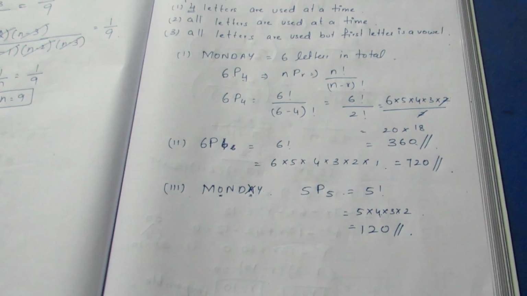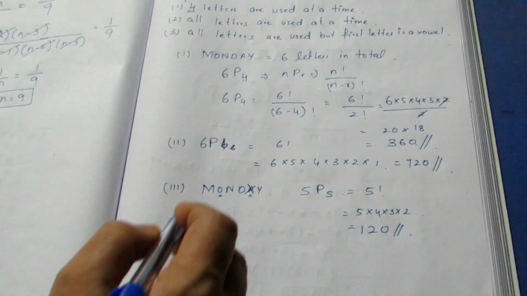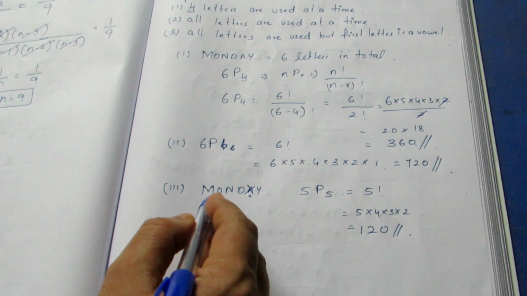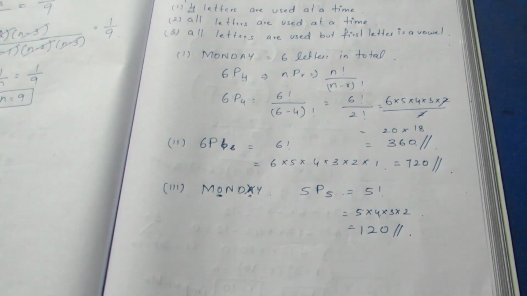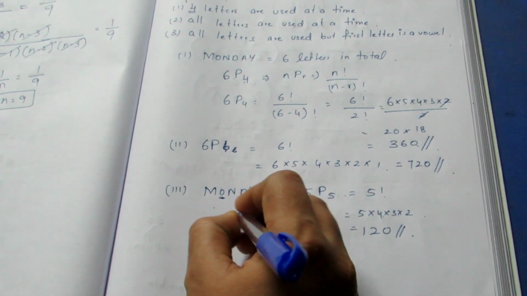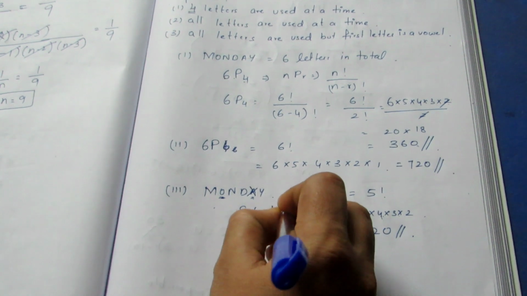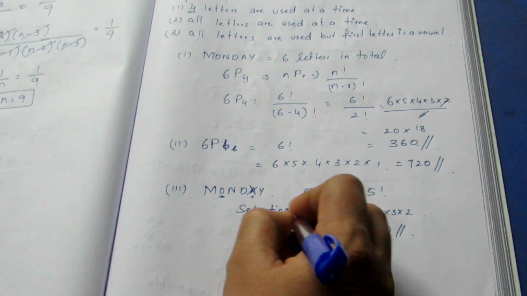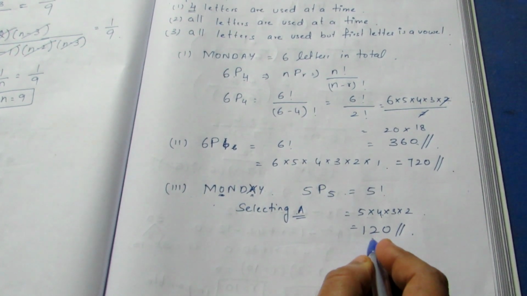In case it is O, the same way it will be 5P5. If I select O to be the first letter, as there is another vowel O over here, then the same 5P5 will come. So this is selecting A. Similarly for selecting O, the same 120 will be there.